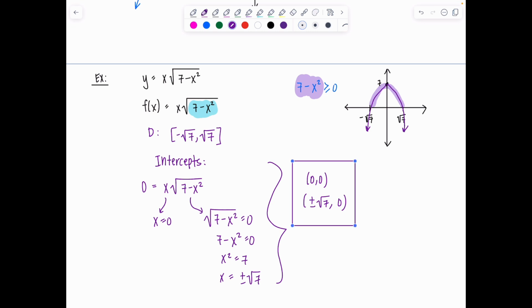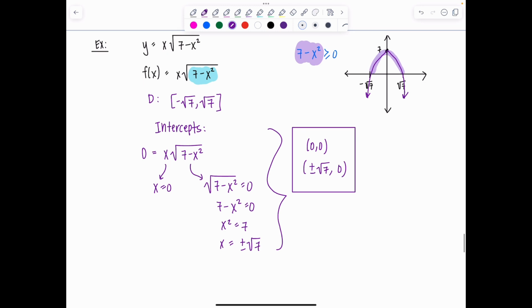Good? Now let's think about this. Vertical asymptotes. Vertical asymptotes come from where there are domain restrictions in the denominator. That's not going to happen here. So let's just tell everyone we thought about it. Not that we were careless, right? No vertical asymptotes. Horizontal asymptotes come from looking at the end behavior of a function, taking the limit as x goes to infinity and negative infinity.